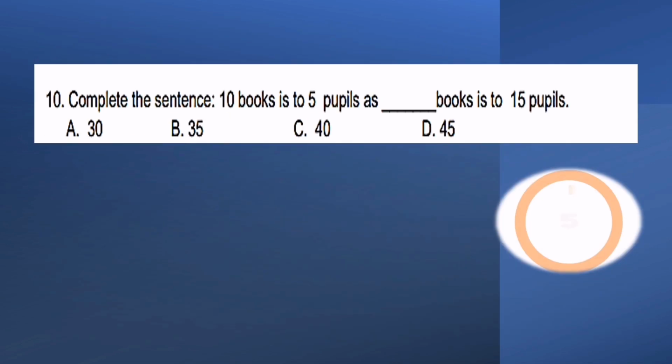And last question, number 10. Complete the sentence. 10 books is to 5 pupils as blank books is to 15 pupils. Timer starts now. And the answer in number 10 is letter A, 30.